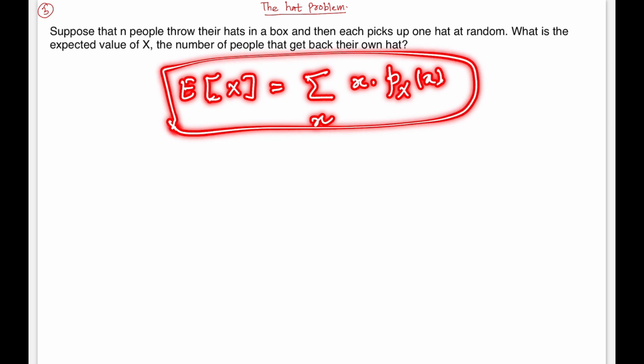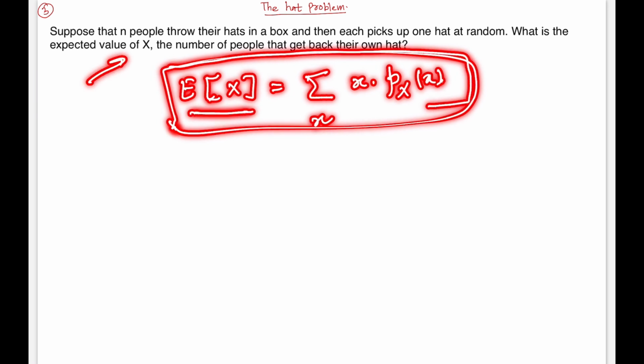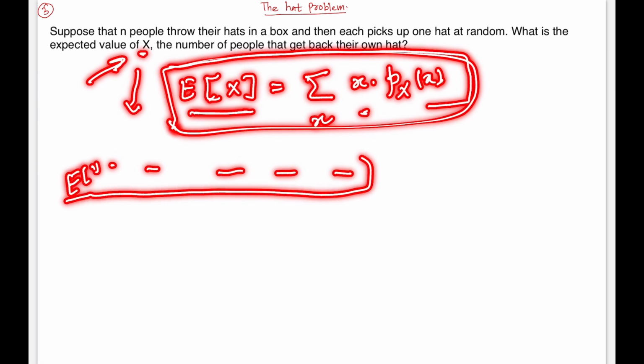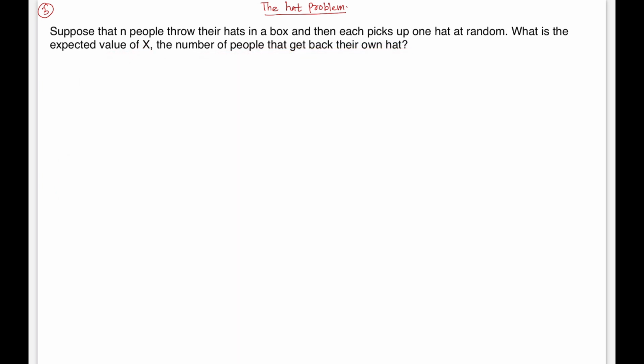But it is not easy to find the expectation using this formula for this case. What we will do, we will use the tricks that we have learned, right? So maybe we will break down this complex random variable into some simpler random variables, and then we will use linearity to find the expectation, right? That is the main aim to solve this problem.